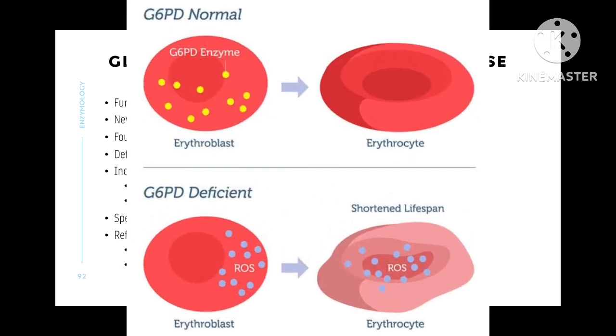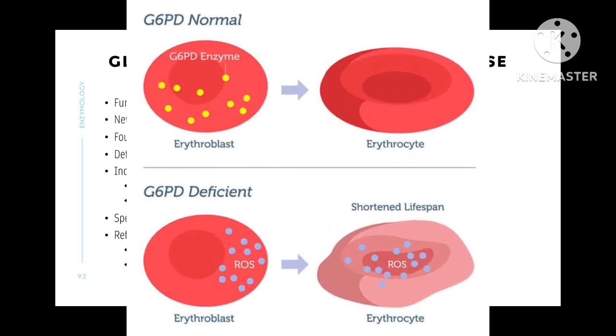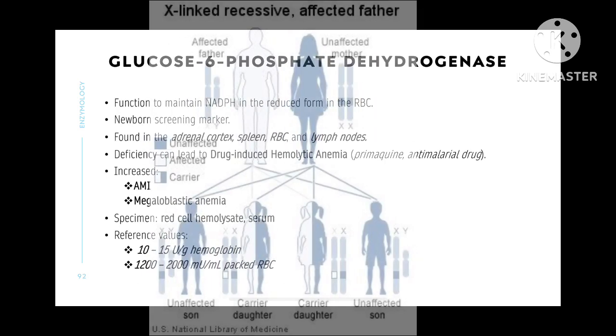As I have said, the lack of G6PD in the body of the patient would cause hemolytic anemia. And there is already inability to maintain the reduced glutathione levels. Thus, the erythrocytes are exposed to oxidizing agents, making hemolysis inevitable.